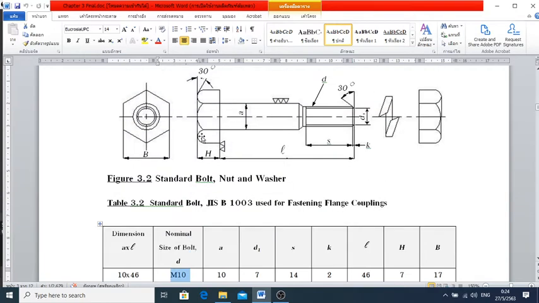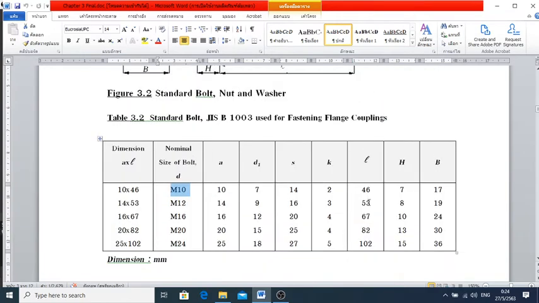And L is the length of the bolt. Then you may figure out M12, A is 14. It's different, huh? And then M16, A is 16 also, and M20, A is 20, and then M24, A is 25 millimeters, respectively. So this is the associated parts.